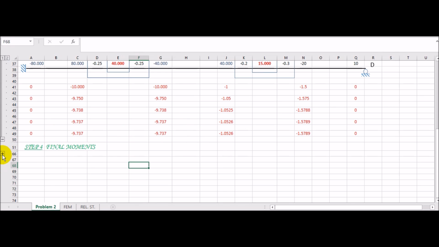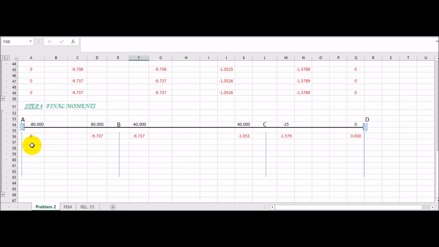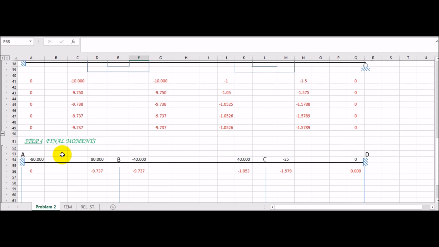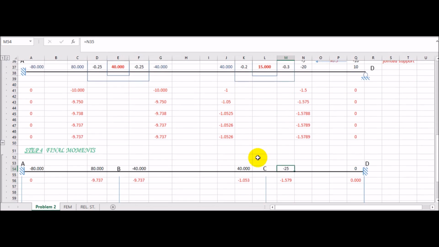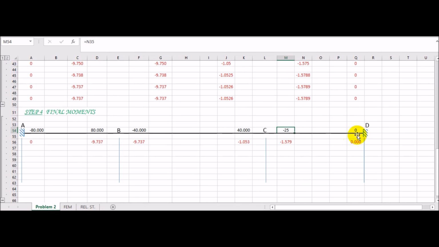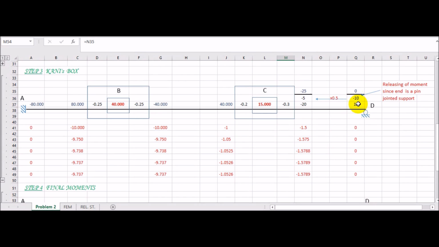All right, now the final step is finding the final moments. So what I've done here is I've written all my fixed end moments here, that is MFAB, MFBA, MFBC, MFCB, MFCD. This is the new value. You don't have to write this value because you have now balanced it and it has become minus 25, and here it has become 0 because you have balanced it.